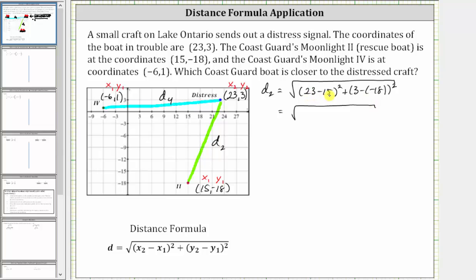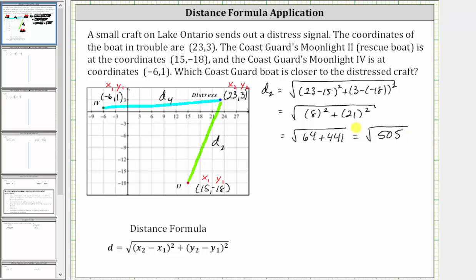23 minus 15 is 8, giving us 8 squared, plus 3 minus -18 becomes 3 plus 18, which is 21, giving us plus 21 squared. And 8 squared is equal to 64. 21 squared is equal to 441, giving us a distance of the square root of 505 units.